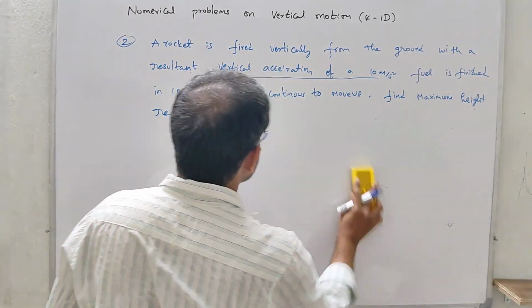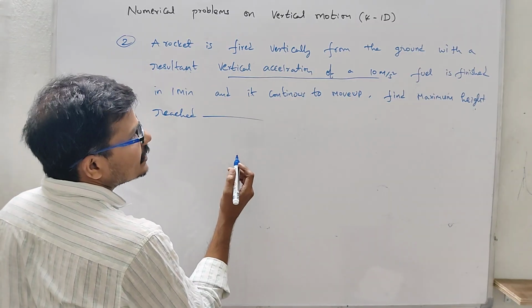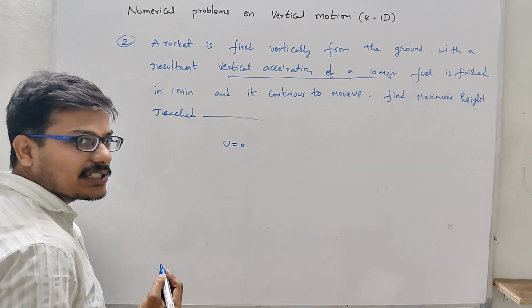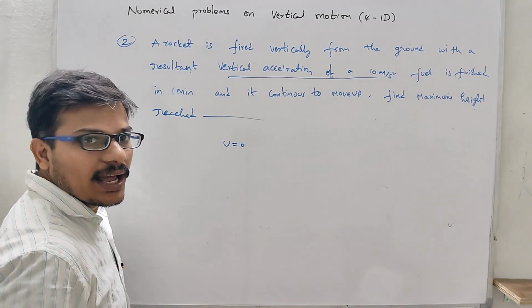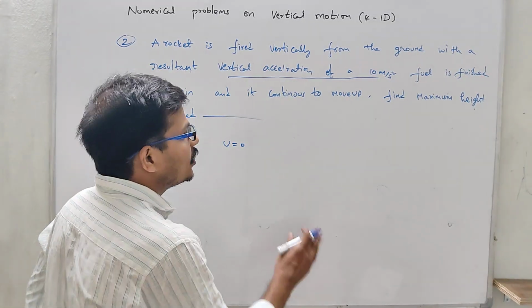So see, first of all, how to solve it? See, initially it is at rest on the ground. Initially, the rocket is at rest. So when we start, it goes in the upward direction, ejecting some fire from the back side.